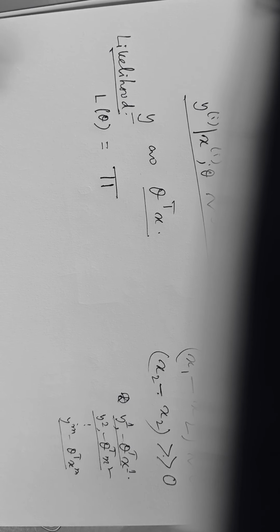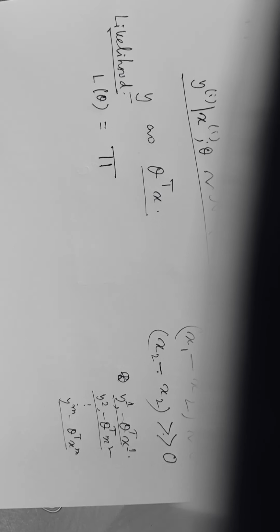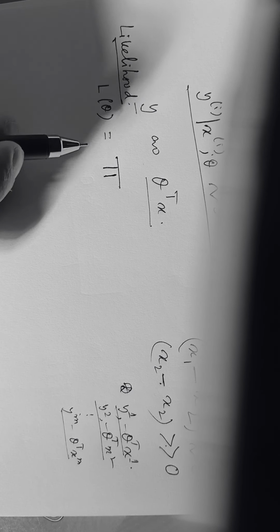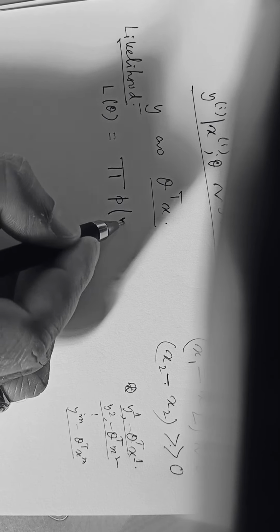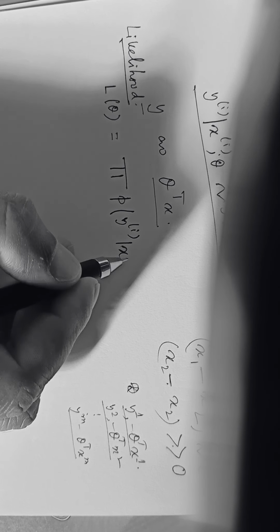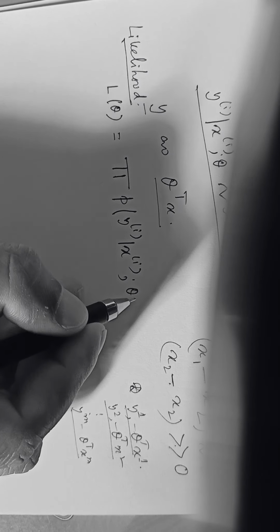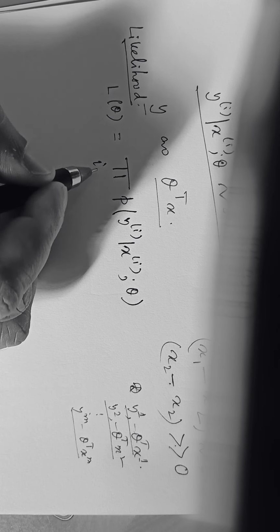Then only we will be able to say whether our function is correct or not. So we are considering the product of the probability of getting y for a given x parameterized on theta, with i equals 1 to m.